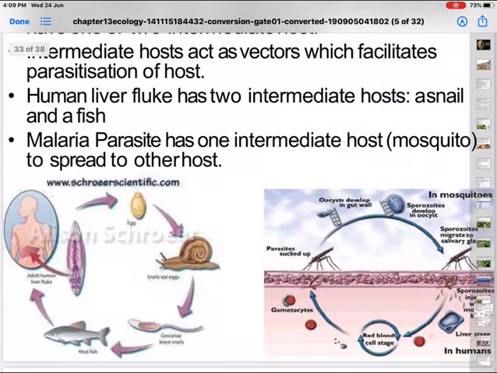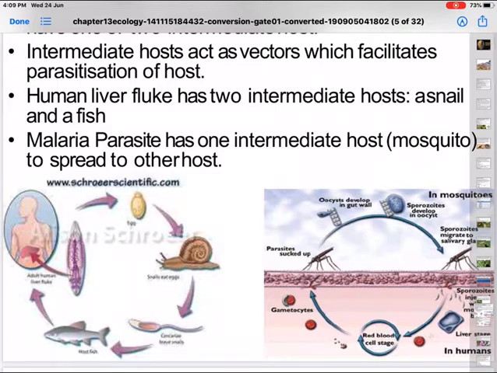Human liver fluke has two intermediate hosts, a snail and a fish. Malaria, as we are discussing, has one intermediate host, that is the female Anopheles mosquito, to spread to other hosts. So here you are seeing it. The sporozoites are entering into this, and in the life cycle you can see the most affected ones are RBC, red blood cells.